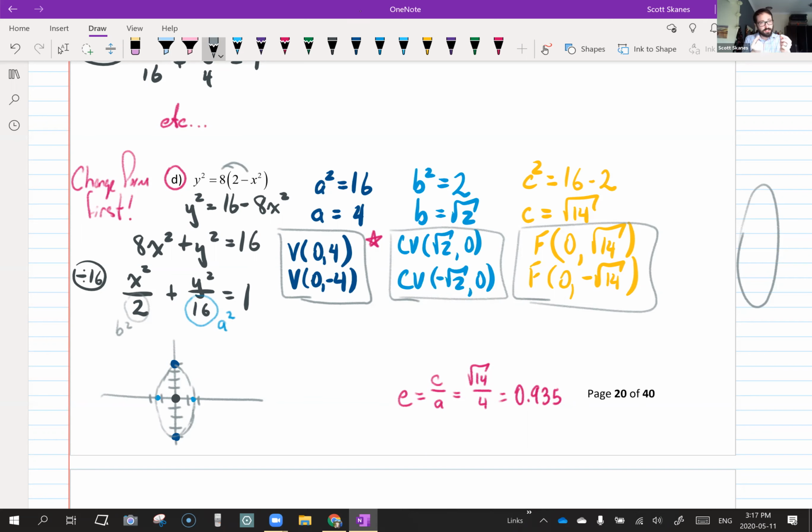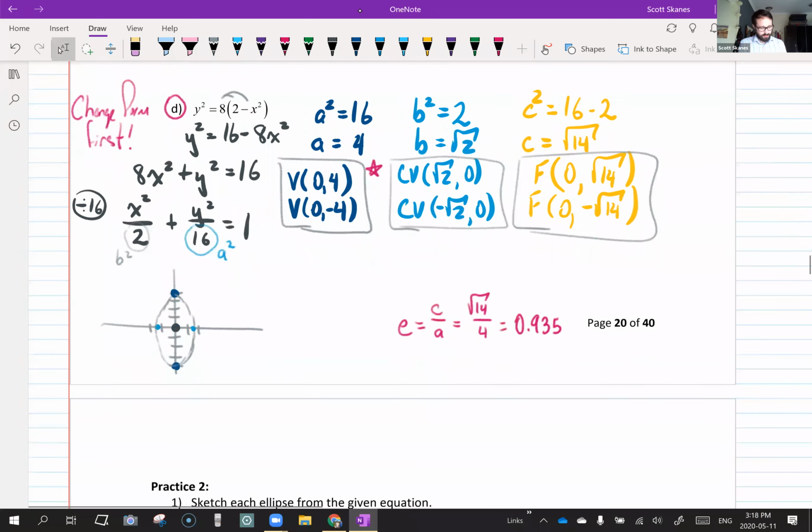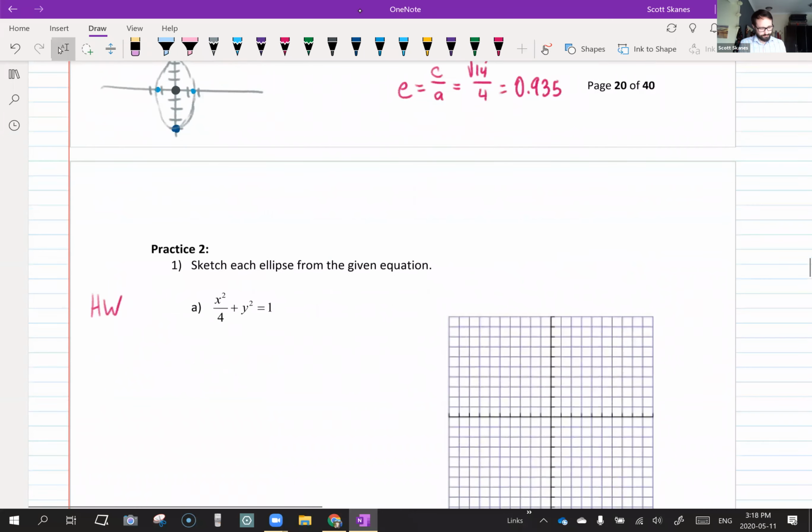Foci, the distance from the center to the focus in the major direction. And eccentricity is how squishy it is, how far away it deviates or is different from a circle. That's the big idea here. And we've done the same thing about 3 or 4 times now. And if you watch Tom's videos, you've seen a lot more. So I hope it's clear or getting clearer. Let's go to the trickier questions.